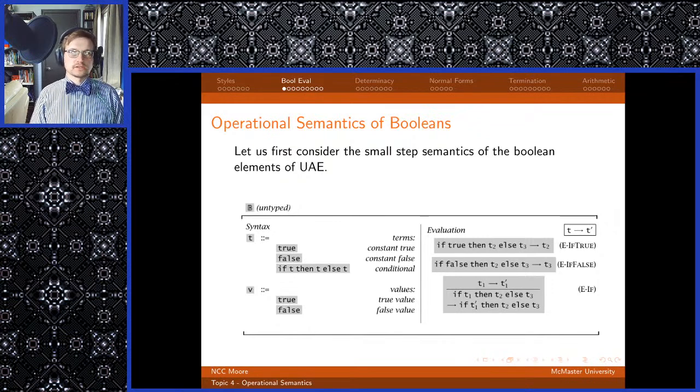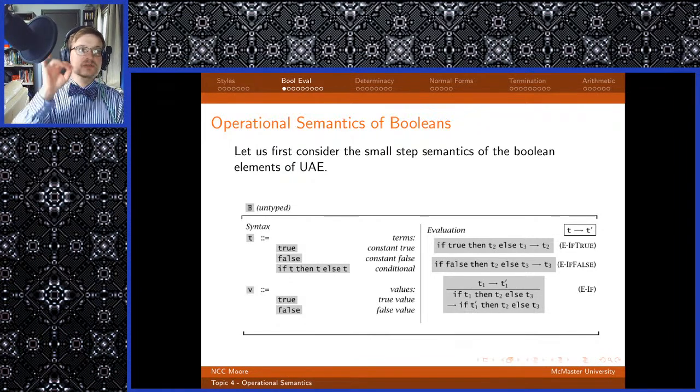We've got 3 terms. We will be dealing exclusively with 3 terms for quite some time: true, false, and if-then-else. Of these, we designate true and false as being values. The correct way to think of this is, of the terms, we are specifying a subset of the terms which constitute values.